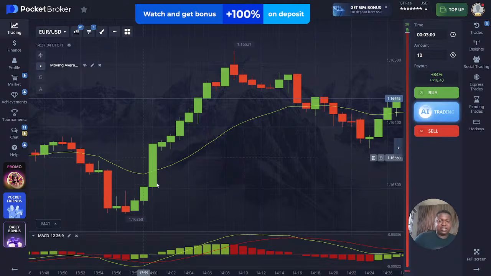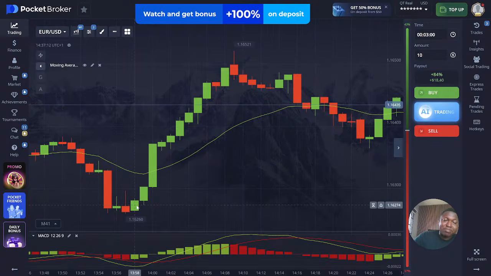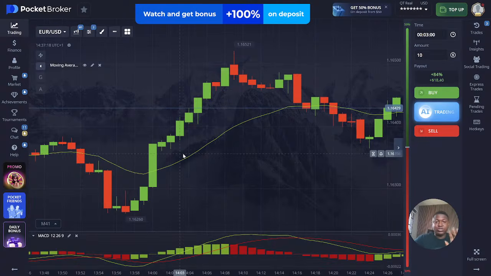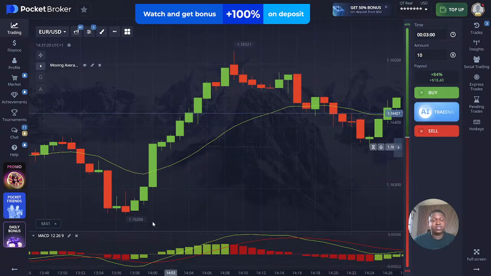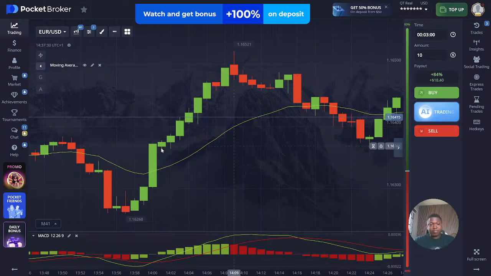Now, this is a perfect example of how the strategy works. When the market or the price crosses above the EMA, it means the market is in an uptrend. But you do not enter yet. You wait for the MACD to also cross at the same time as the market crossing the EMA before you enter a buy trade.